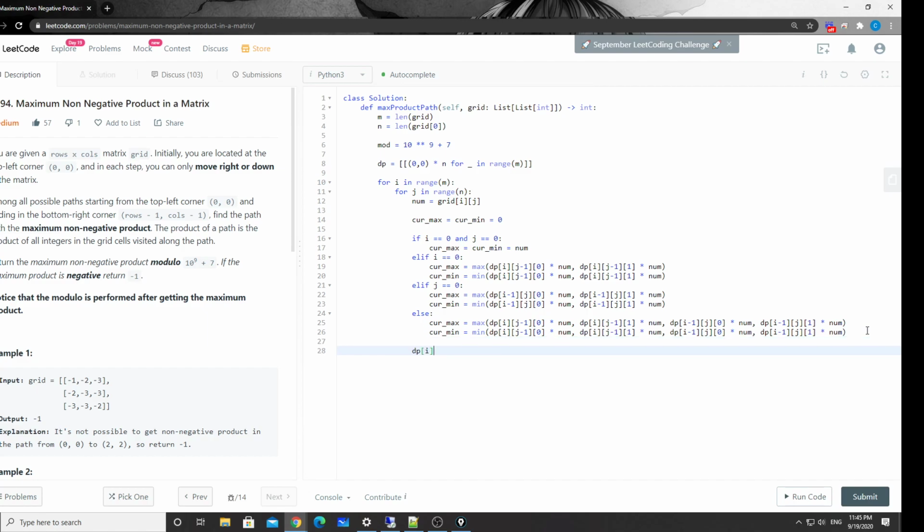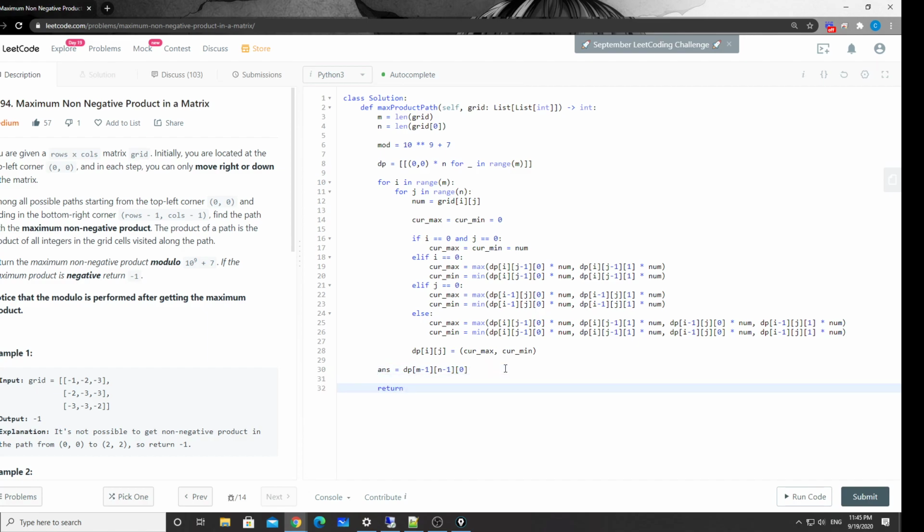So now dp[i][j] equals what? Current max and current minimum. Okay, so now the answer is what? The answer is dp[n-1][n-1][0], because the max one is the answer we need. But I'm going to do a simple check here.